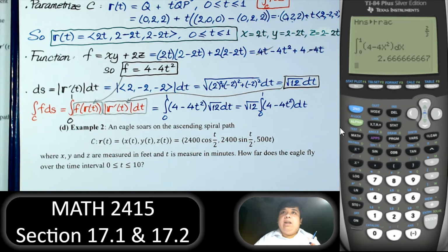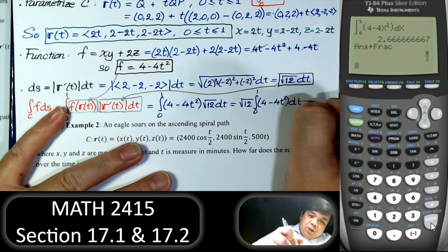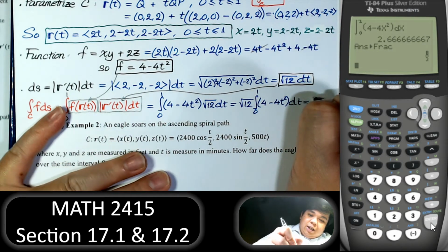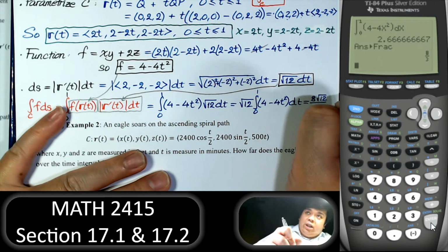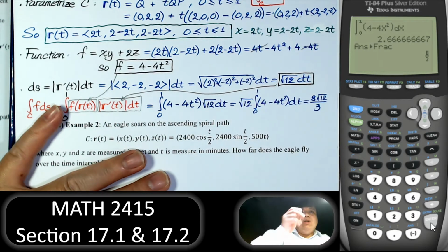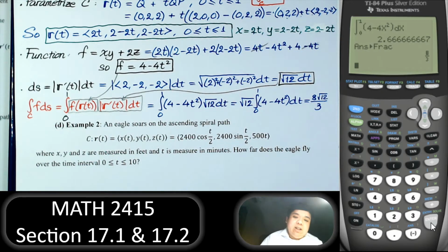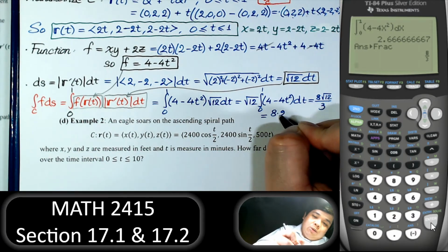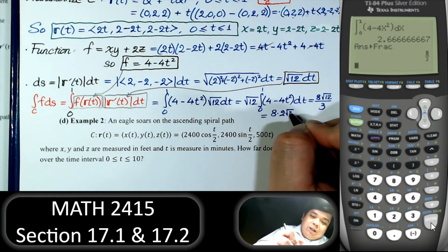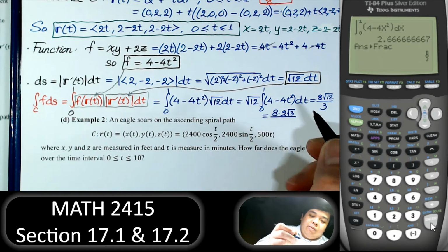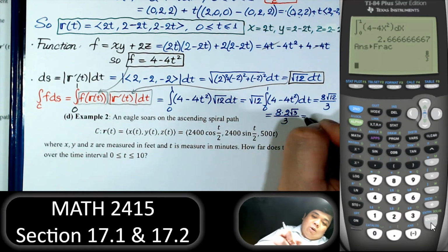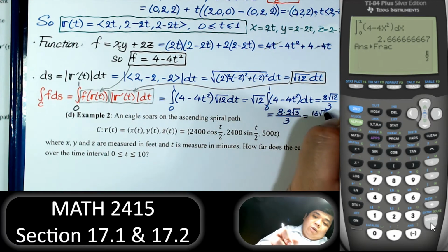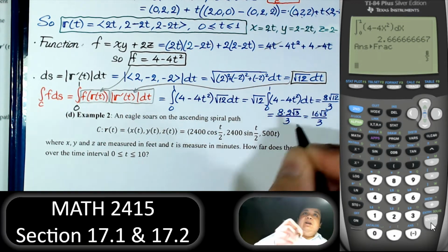So that will be 8 over 3. So I have 8 square root of 12 over 3. Square root of 12 is 2 square root of 3, so we can say it is 16 square root of 3 over 3.